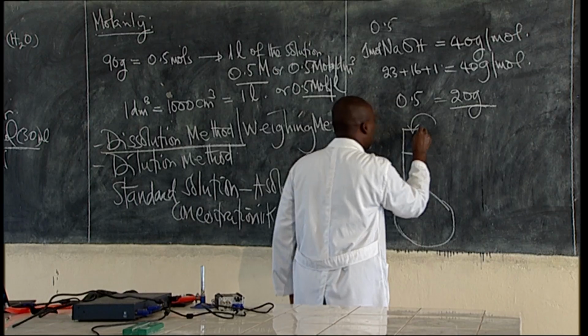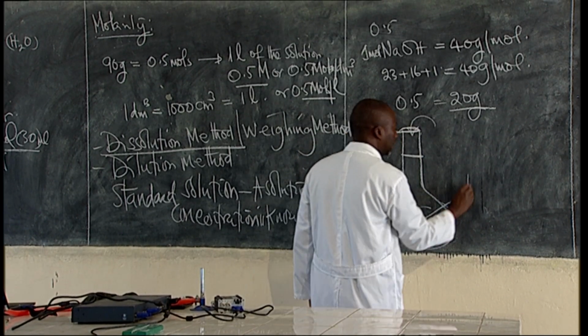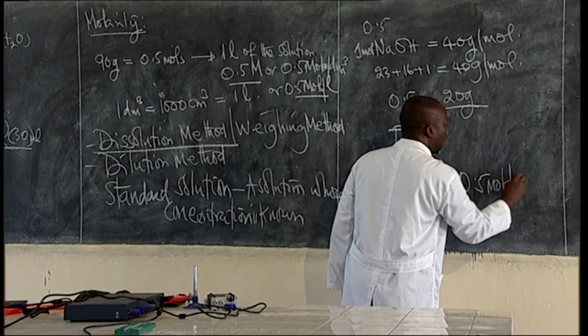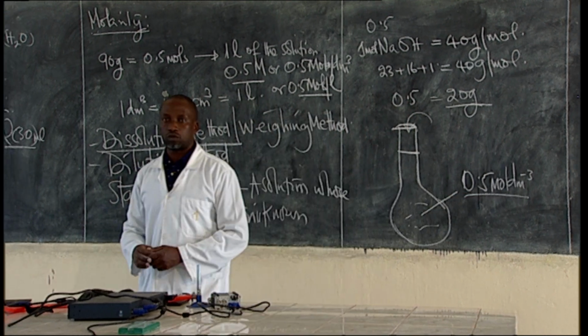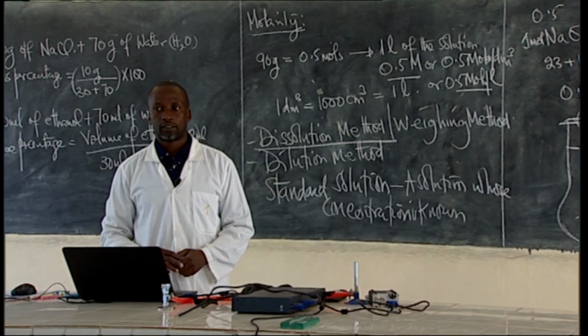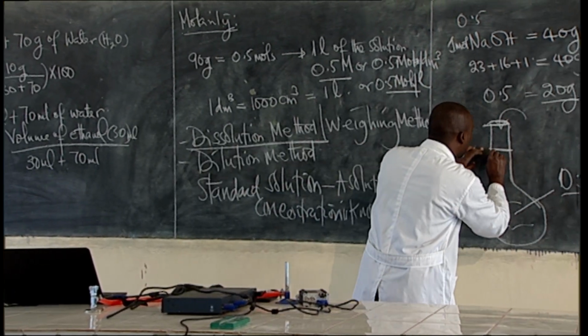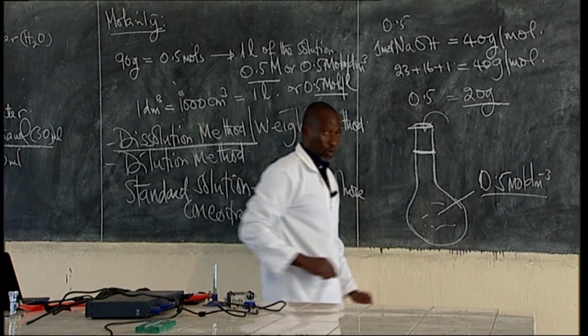And then make sure you stopper this. The solution you have made here is equivalent to 0.5 mole per decimeter cubed, and this is a standard solution. So you have to make sure that this stops exactly on the mark.